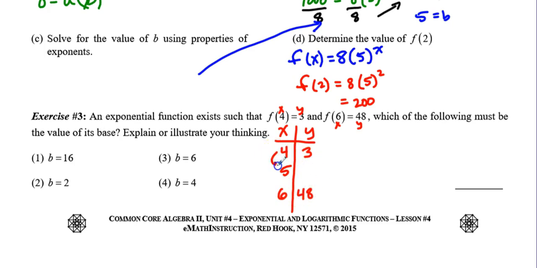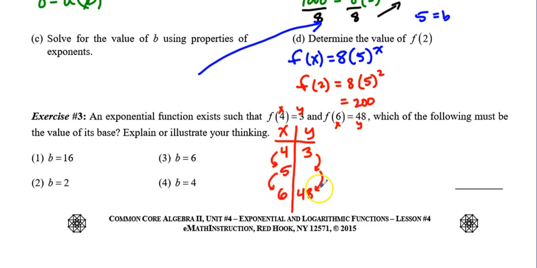So there's a couple ways to do this problem, but one is to think about, all right, the x's would be increasing by 1. The y's are increasing by some multiplier, some constant factor, right? So, this went up 2, grew twice.